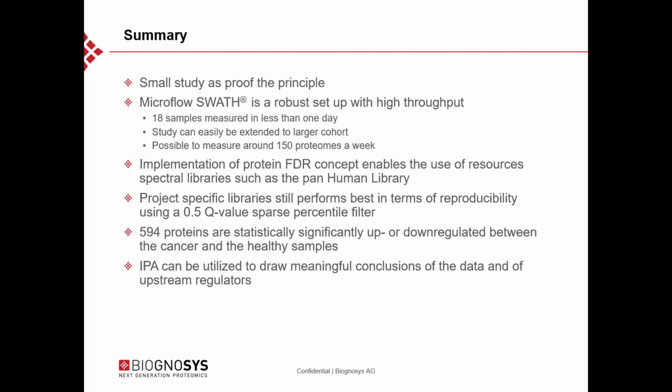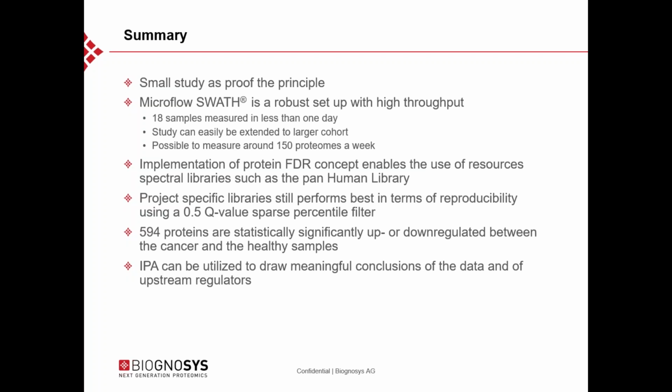In this case, we have measured 18 samples in less than 1 day, meaning that this study can easily be extended to larger cohorts because of the high throughput using the microflow setup. We are able to measure around 150 proteomes a week.